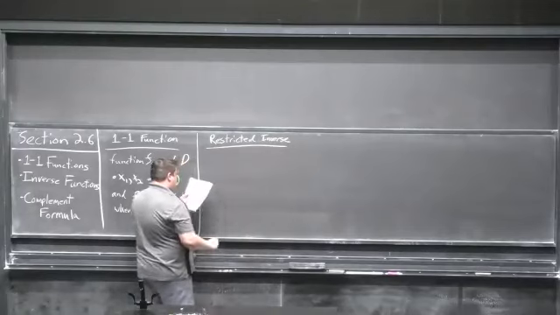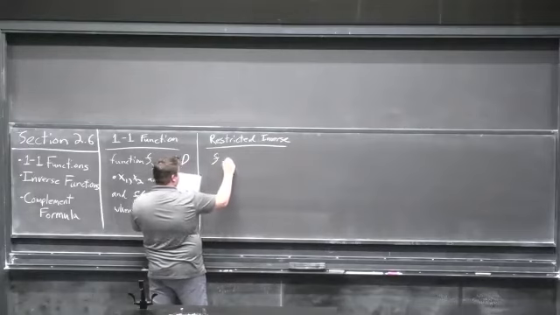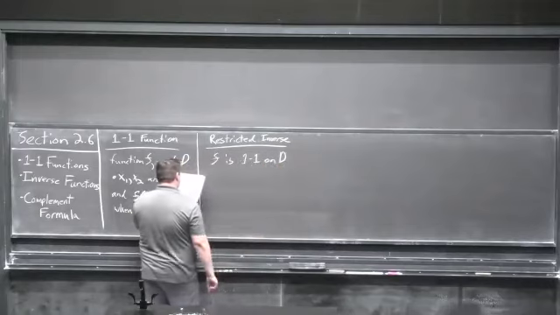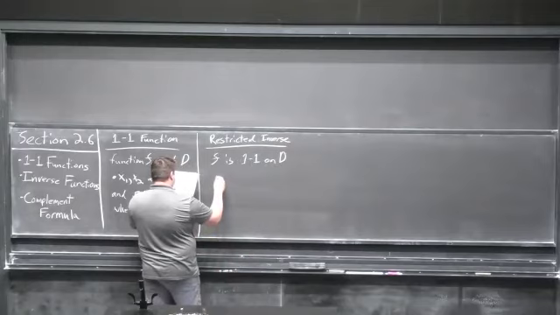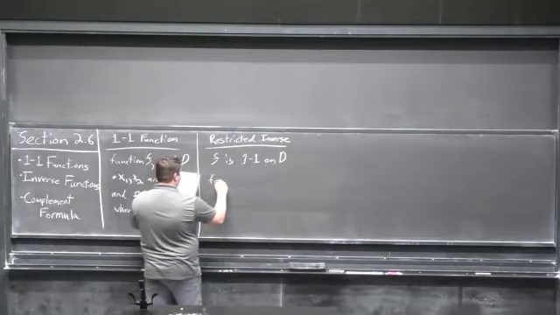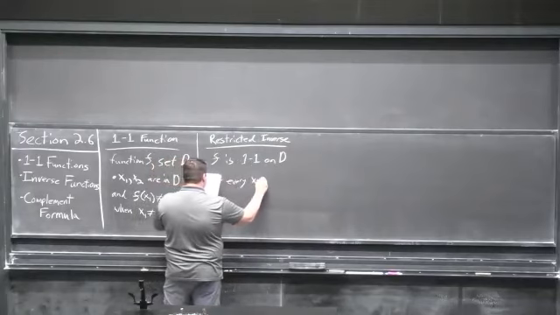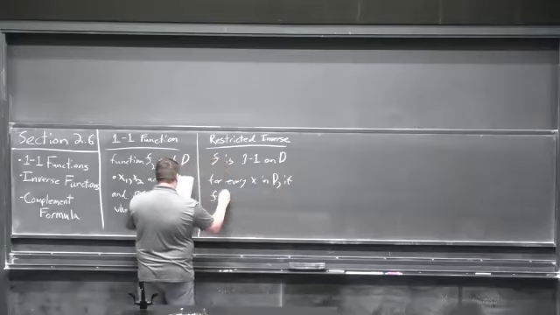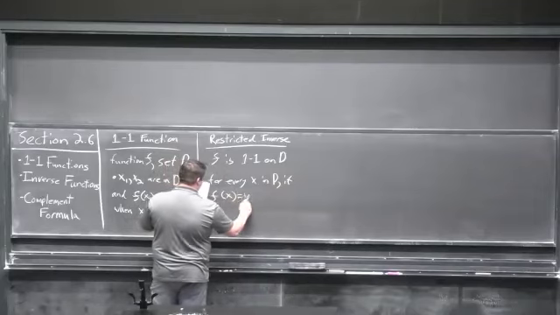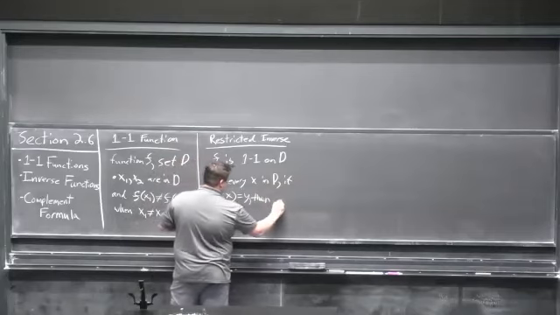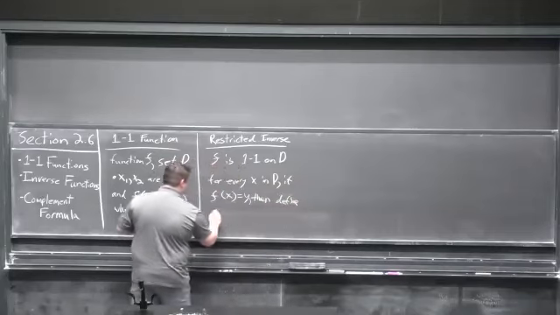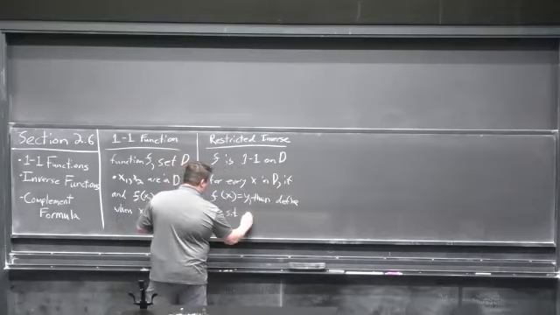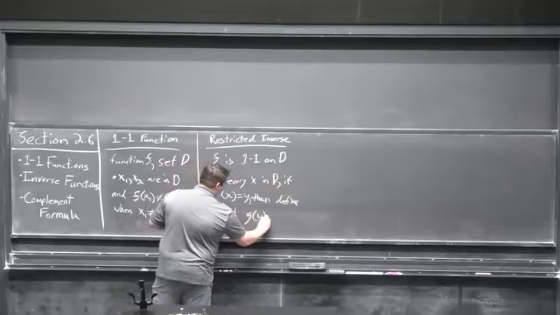And what that does is we're going to say that f is one-to-one on some set D, and for every x in D, if f of x equals y, then define G such that G of y equals x.